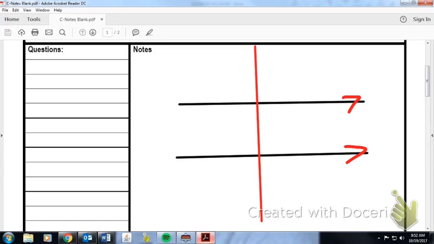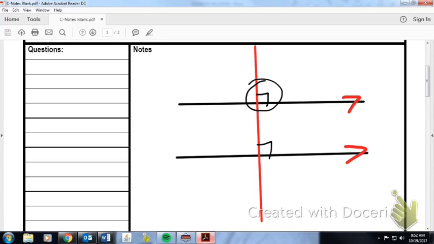I'm going to start off with a really basic one. If this is 90 degrees right there, here's a line and it gets intersected at 90 degrees. And then I have another line parallel to it. It should make sense to you that if it hits this one at 90 degrees, it should also hit that one at 90 degrees, because these two lines are parallel.